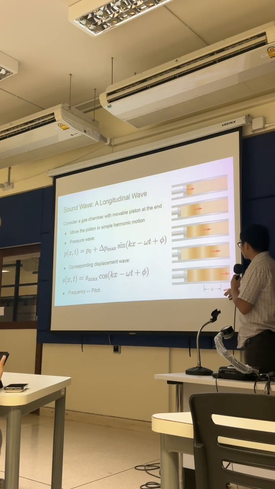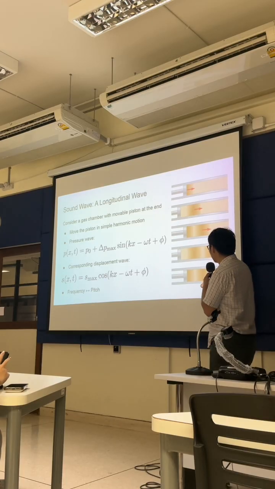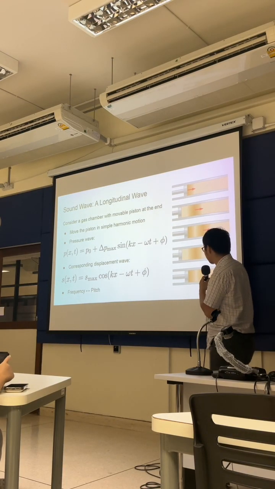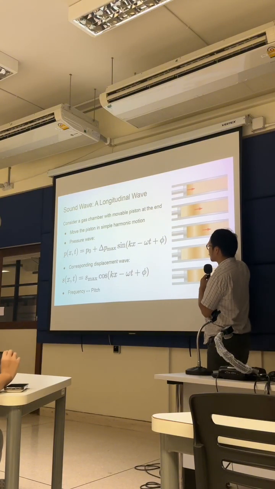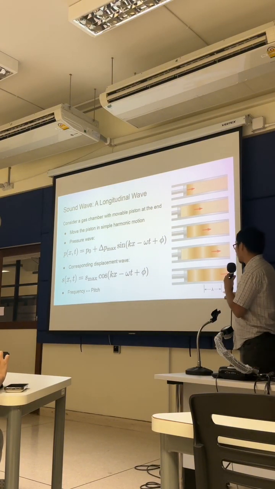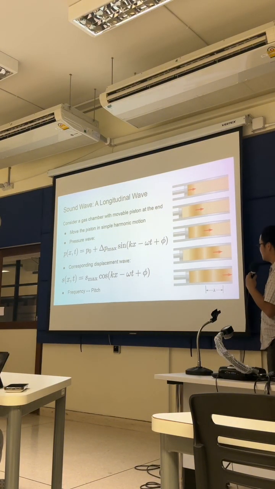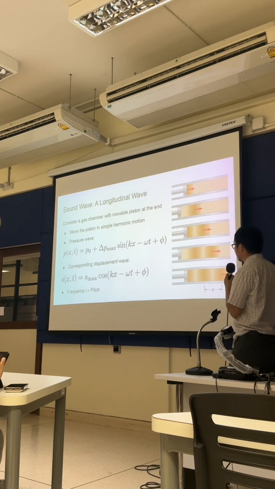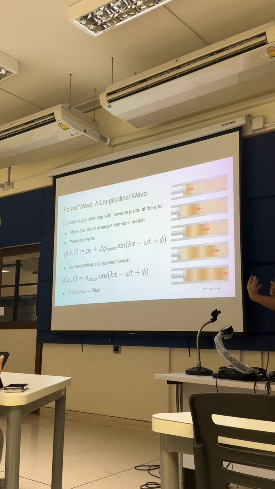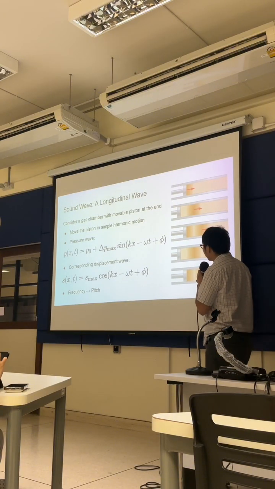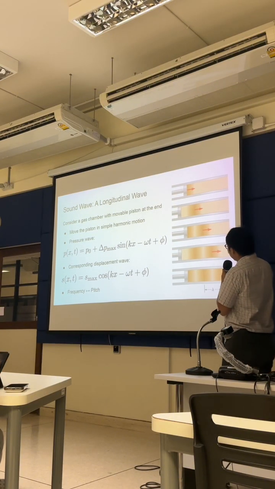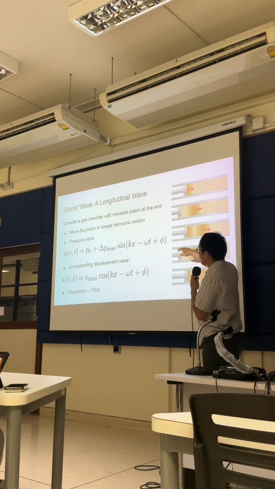And here the distance between the two high pressure regions is similar to the distance between the two peaks in the string, and that is exactly the wavelength lambda, right? So that is exactly the same concept. It is just a different physical quantity that we are focusing on.